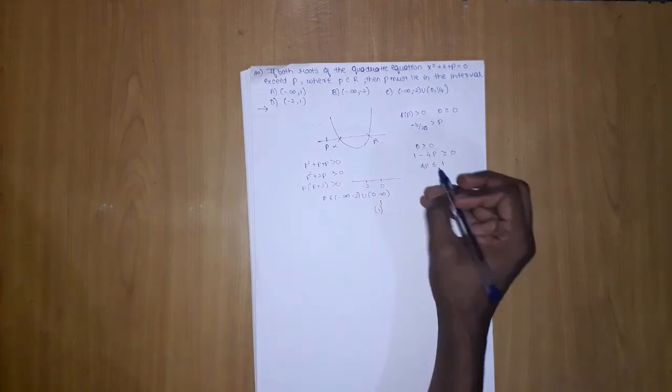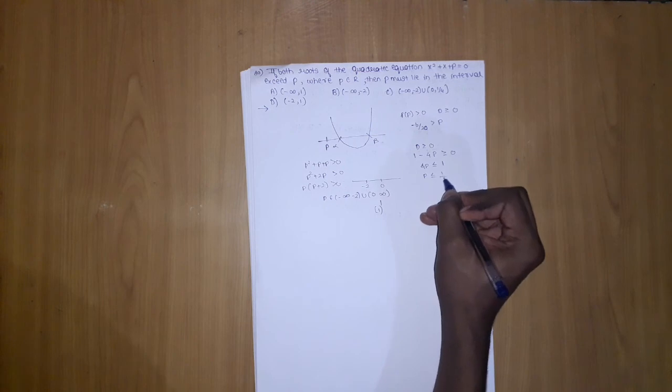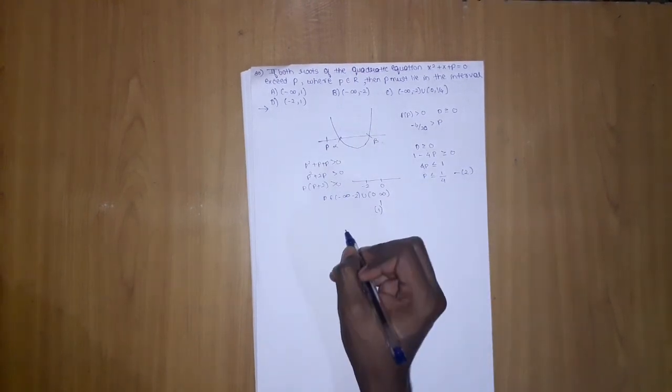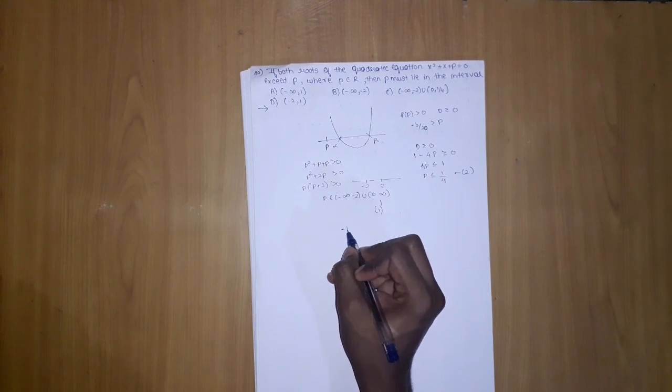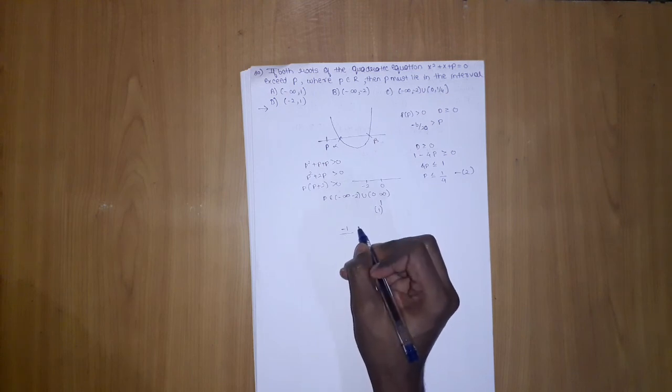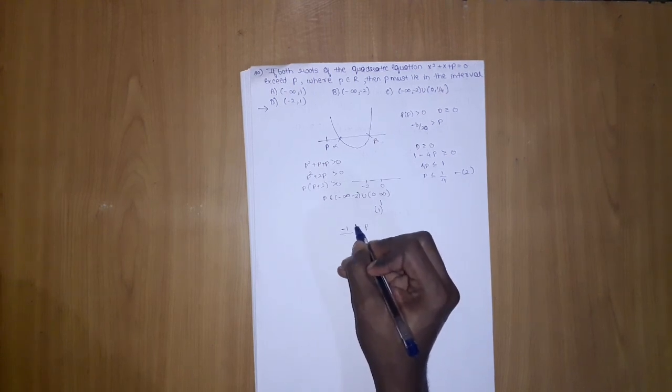Okay, p should be less than or equal to 1 by 4. This is the second condition. Now the third condition, minus b upon 2a, which becomes minus 1 by 2, should be greater than p.